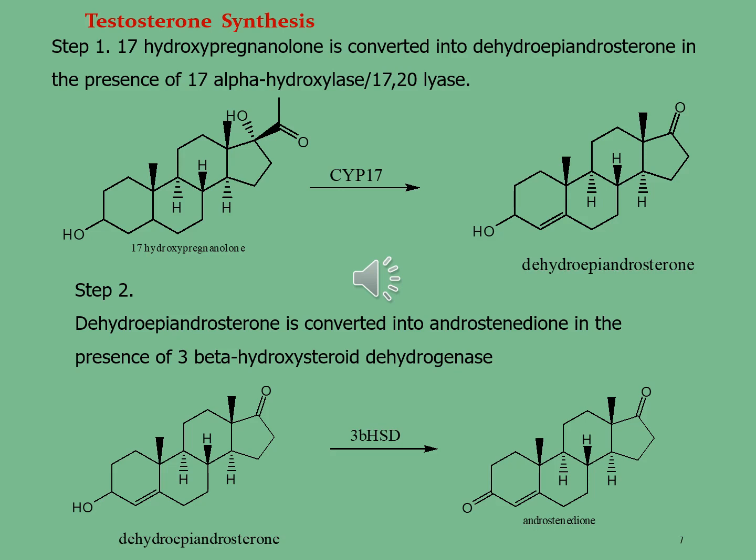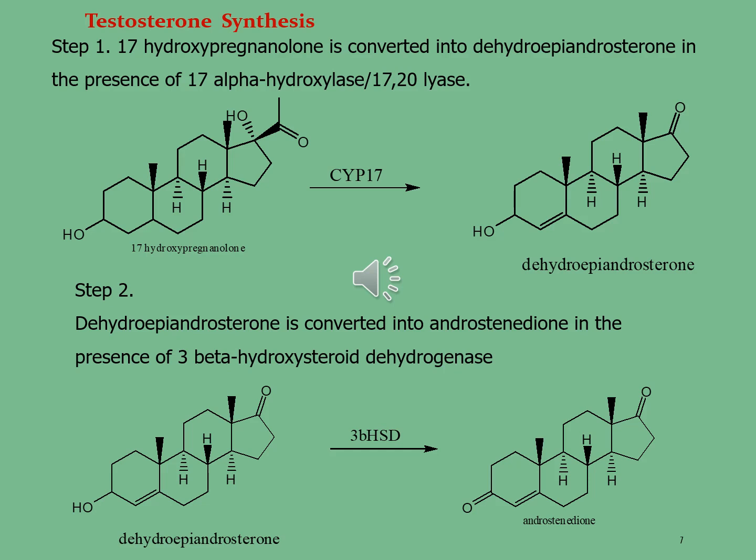So this structure is converted into dehydroepiandrosterone in the presence of the enzyme 17-alpha hydroxylase 17,20 lyase. The structure of dehydroepiandrosterone consists of two functional moieties: one is the hydroxyl group at carbon 3 position, and the other is the carbonyl group at carbon 17 position, with the addition of a double bond at carbon 4 position.